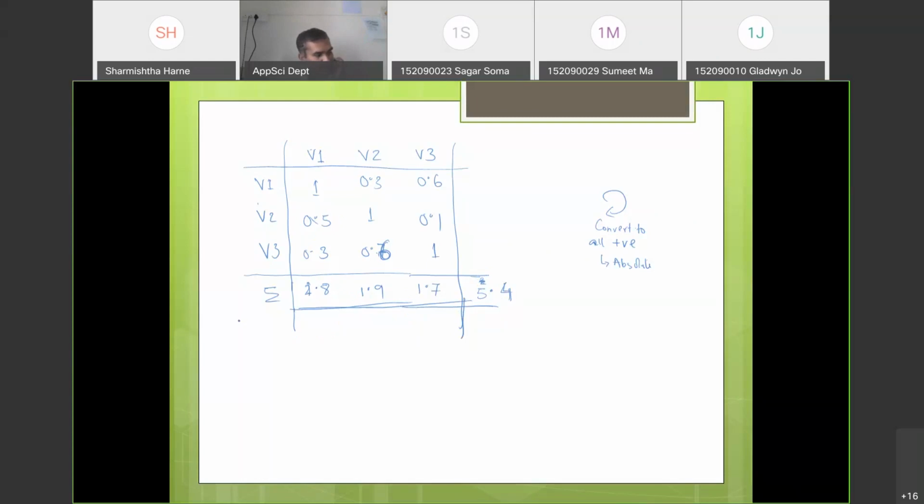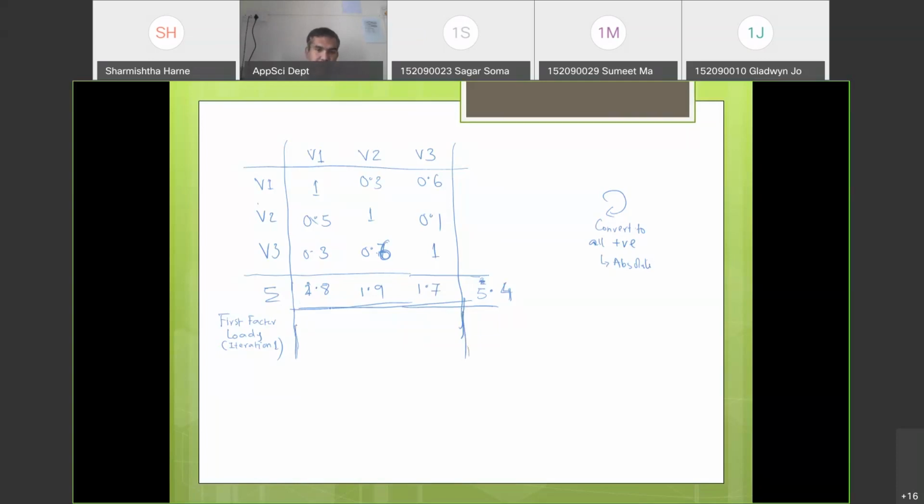Then we find out the loadings for the first factor. Write iteration 1. Just to be very clear in your notes, we are doing this small example. In reality, it could be, say, 20 variables to begin with. When you circulate a questionnaire, you most probably will not circulate only 3 questions.